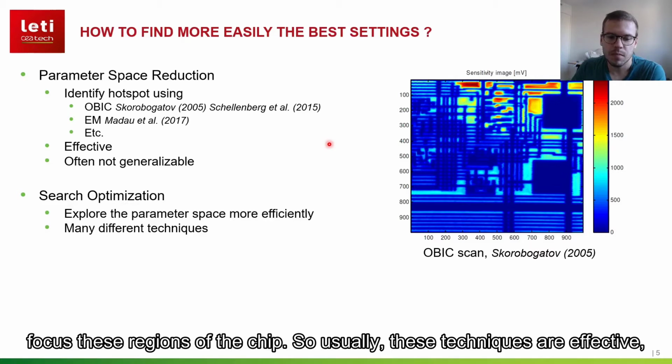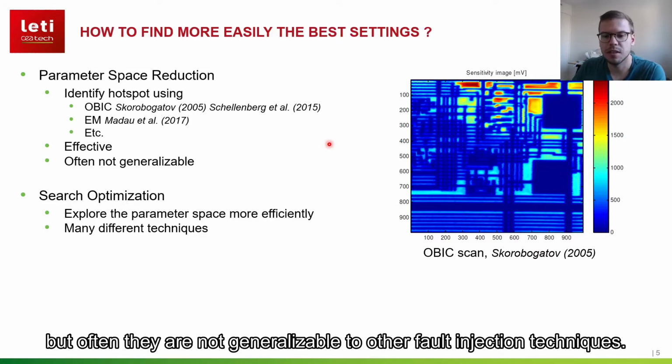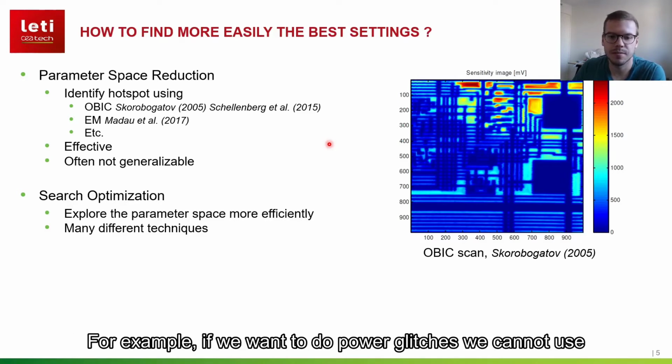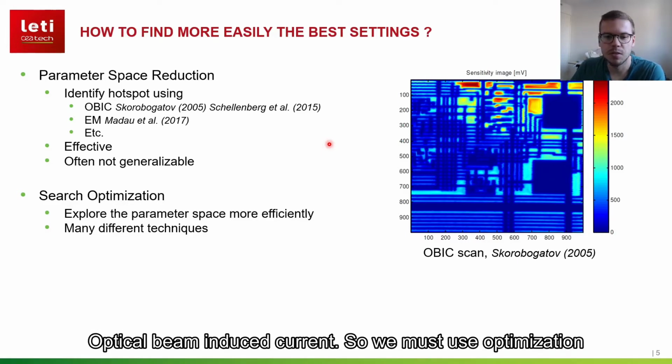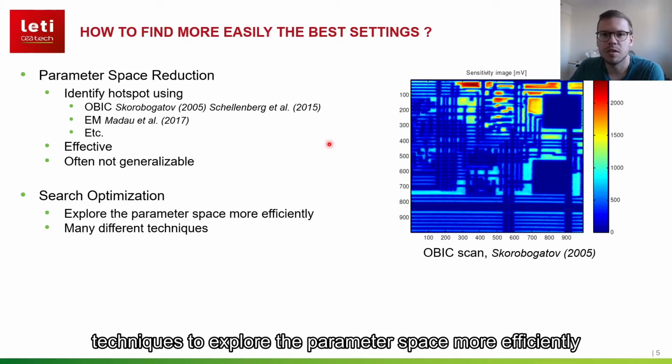So usually these techniques are effective, but often they are not generalizable to other fault injection techniques. For example, if we want to do power glitches, we cannot use optical beam induced current. So we must use optimization techniques to explore the parameter space more efficiently.